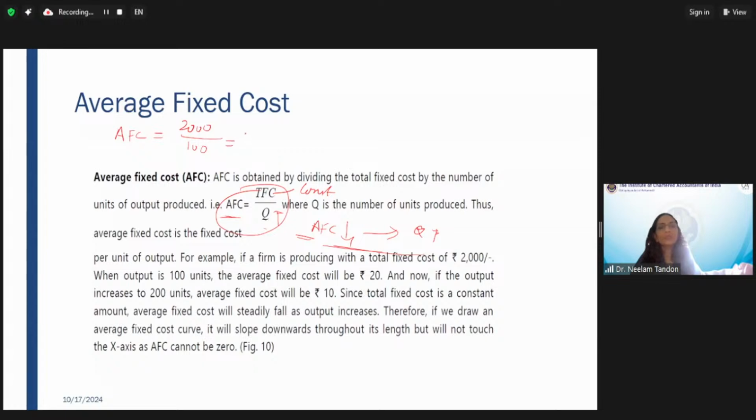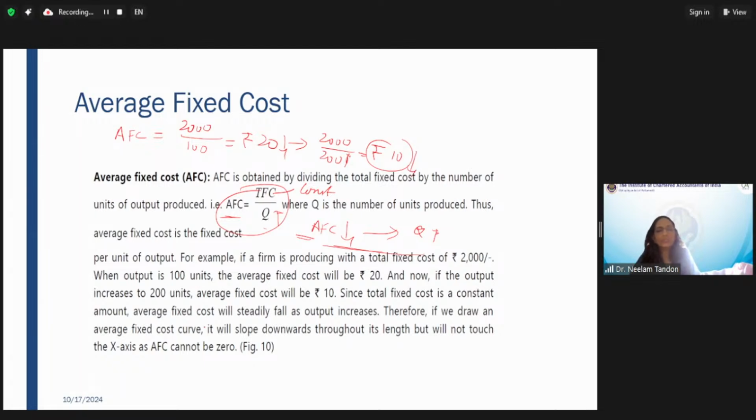So average fixed cost will be 20 rupees. Now, if you increase the output from 100 to 200, this becomes 2,000 by 200. What is the value of AFC? AFC becomes 10. So as we are increasing the output, the value of AFC starts decreasing.